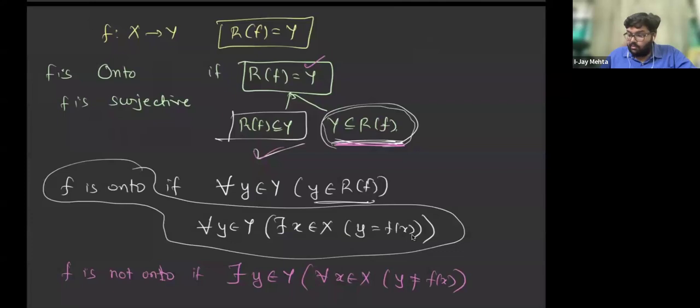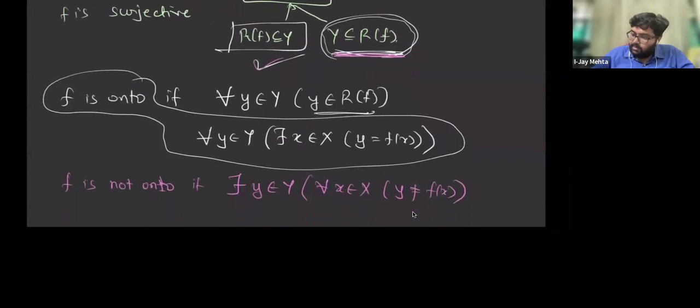Given any y, you have to find an x such that y equals f of x. If you want to say some function is not onto, just give me some y in y for which, given any x, y is not equal to f of x, for which there is no pre-image. Every y has a pre-image; there is a y for which there is no pre-image. There is no such x.